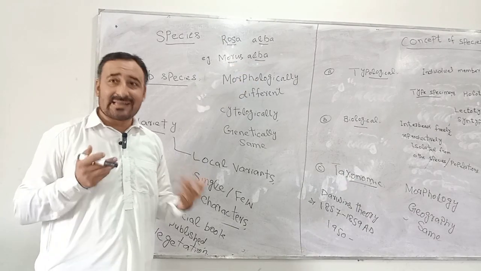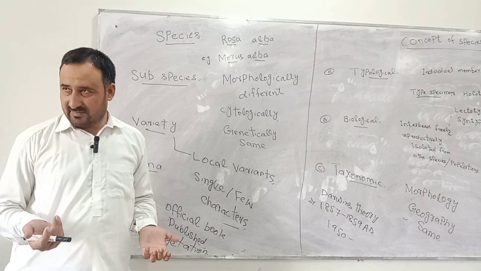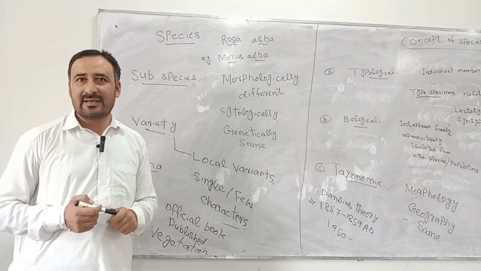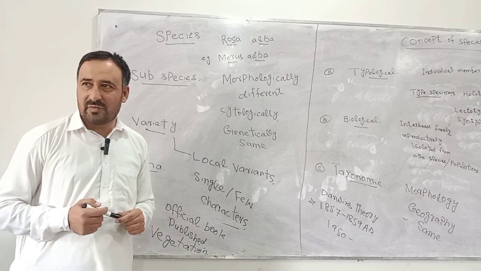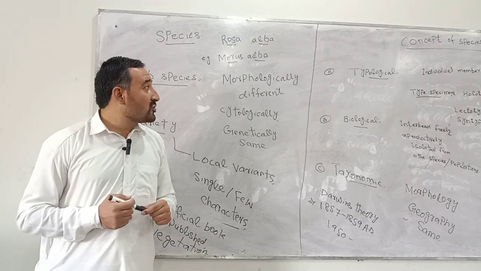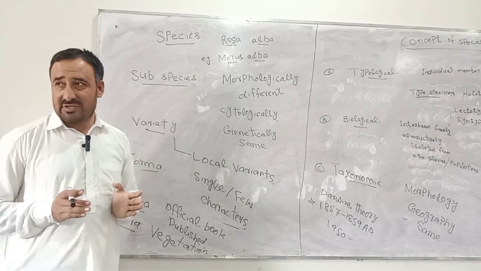There are so many other species as well. For example, Homo sapiens, Monotheca buxifolia, Triticum aestivum, Zea mays, Oryza sativa, Saccharum officinarum, etc. So you may have understood the concept of species.